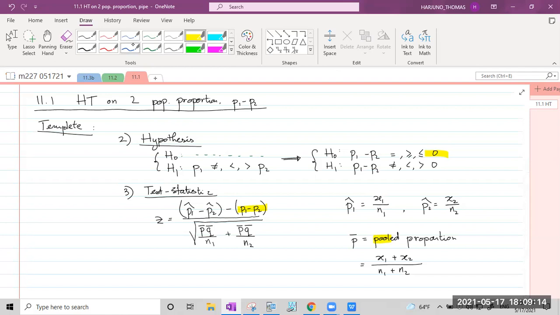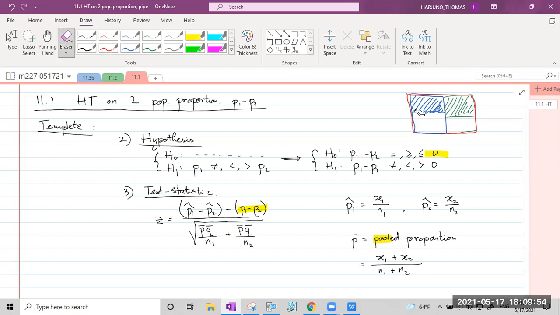Okay, let's say, pictorially, suppose you have group 1, right? This is the number of successes over the total sample size. Now in group 2, you have this, and let's say this is the number of successes. Now, when we pool, we basically combine these two groups into one pool.